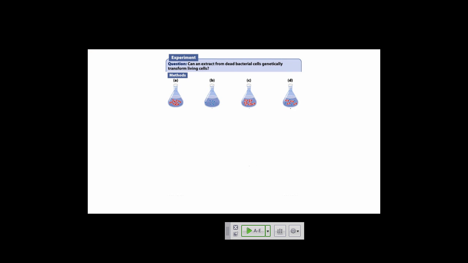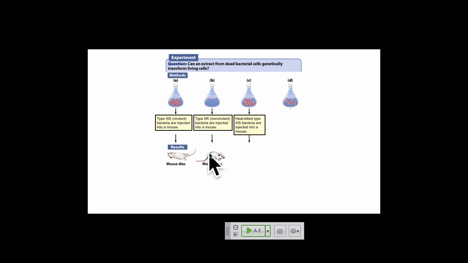Okay, so let's see. So here's the type 3S. These are virulent. You inject them in the mouse, and you get a dead mouse. The non-virulent, inject it in the mouse, is fine, facing upright. You heat kill those virulent bacteria. Okay, so you got dead virulent bacteria. The mouse is alive.